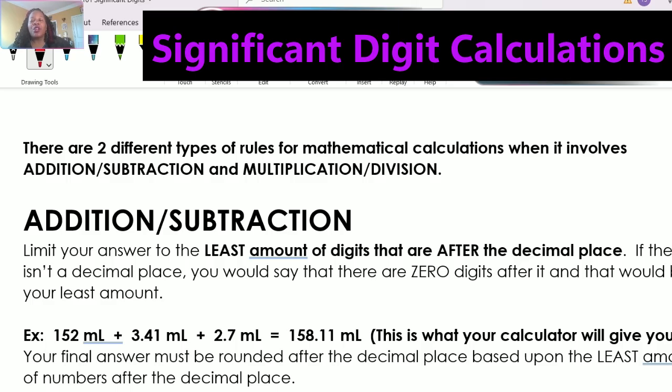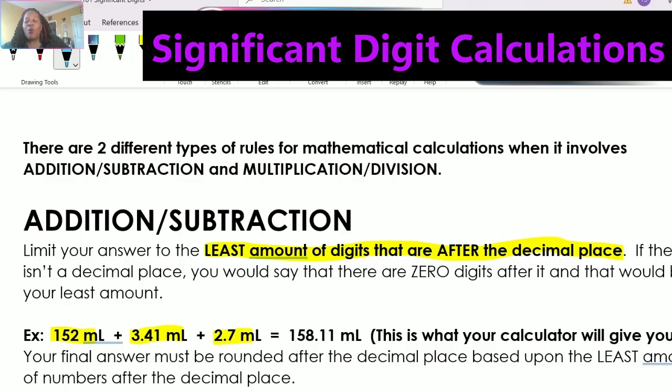The rule says you're going to limit your answer to the least amount of digits that are after the decimal place. If there isn't a decimal place, then you would say that there are 0 digits after it, and that would be the least amount. Keep that rule in mind. So when we look at this example, you have 152 plus 3.41 plus 2.7.